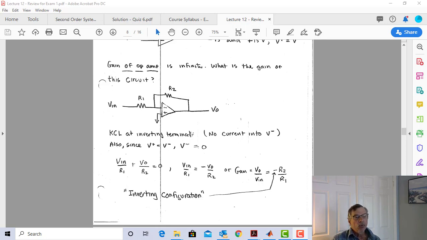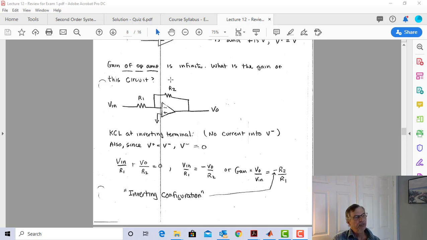And we derived this with resistors. But if we have capacitors and inductors and things like that, we'll say that Vout over Vin equals Z2 over Z1.